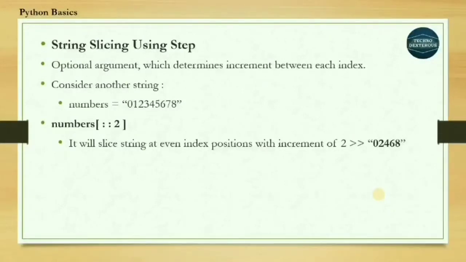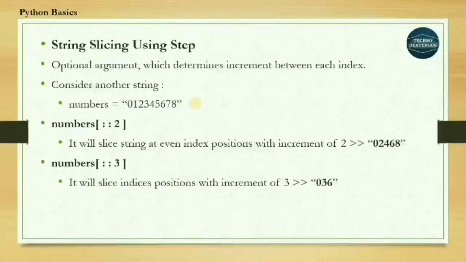So what it does, it will slice string at even index positions with increment of 2. That means we will be getting output as 0, 2, 4, 6, 8. Numbers colon 3, that means it will slice indices positions with increment of 3. We will be getting output as 0, 3, 6.